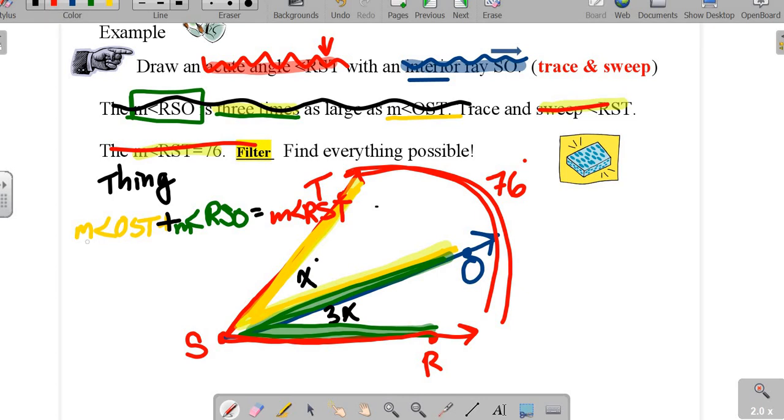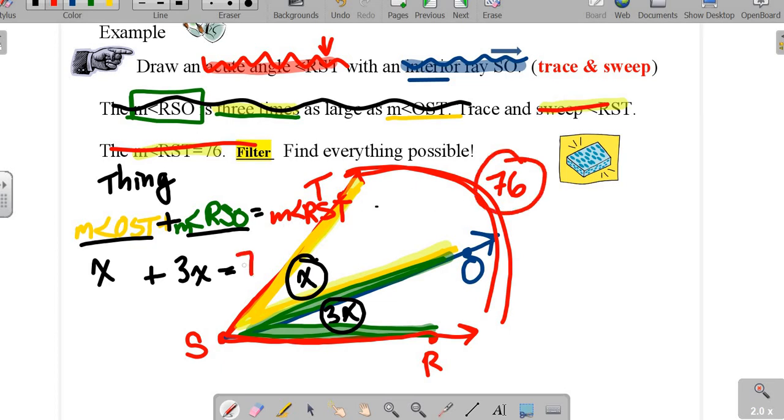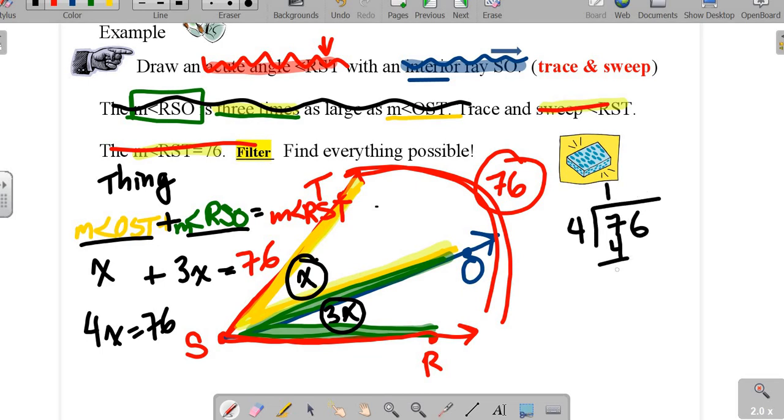Now we circle plug chuck. OST, RSO, the measure of angle RST is 76. So we find X is 19.